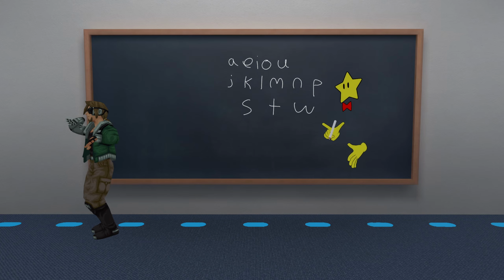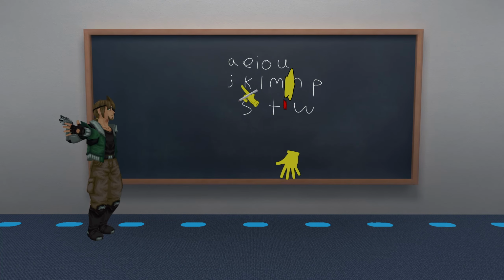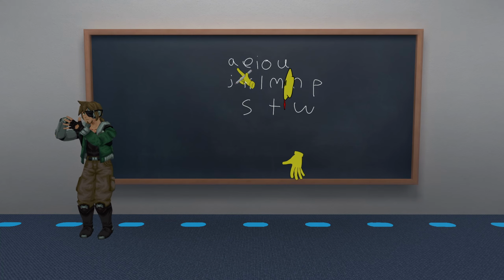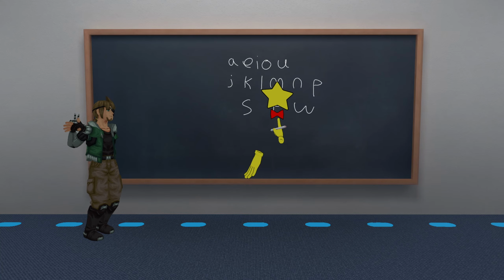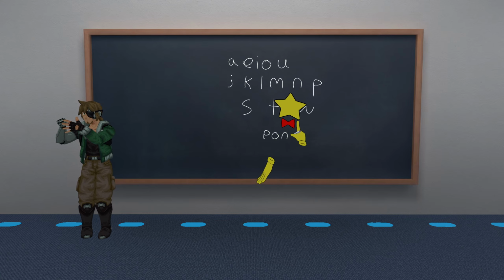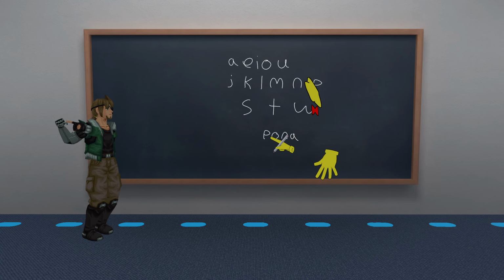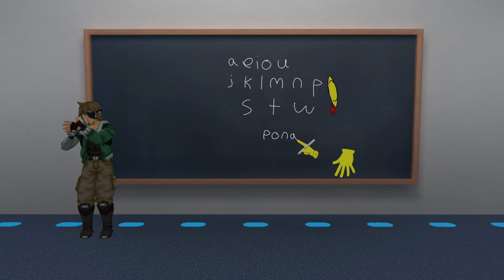For the most part, in Toki Pona, you can only have a consonant and then a vowel. So, like, pona, P-O-N-A, that's consonant, vowel, consonant, vowel.